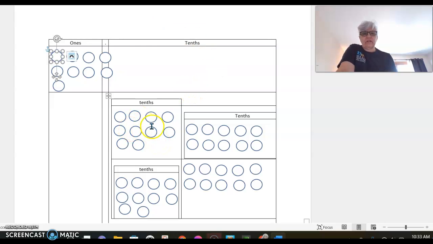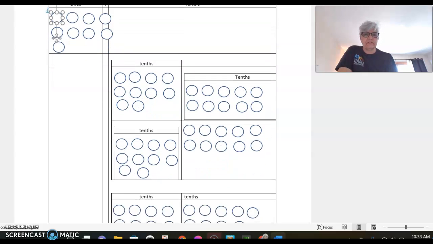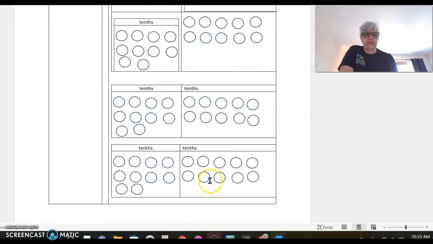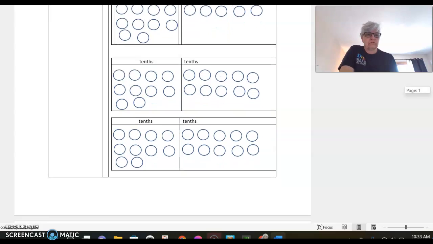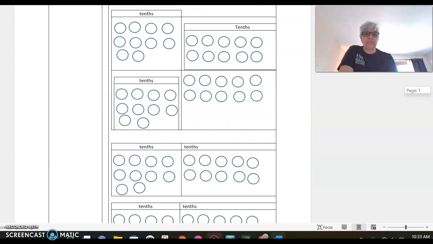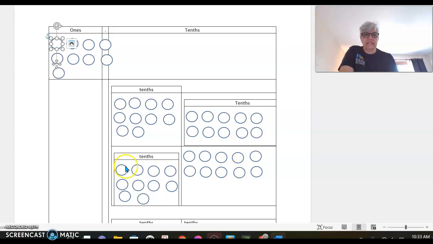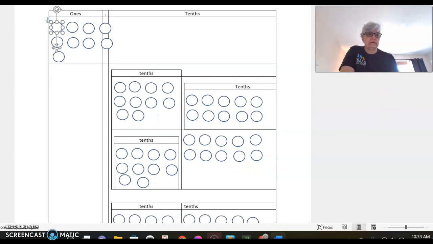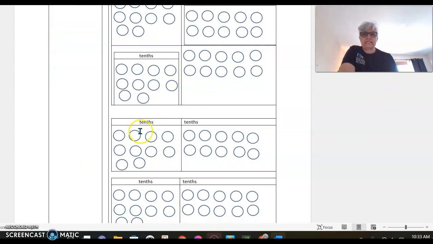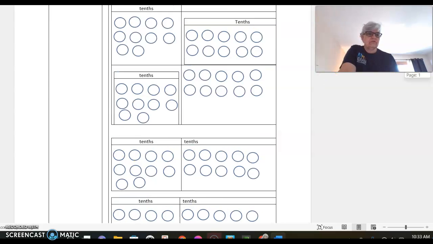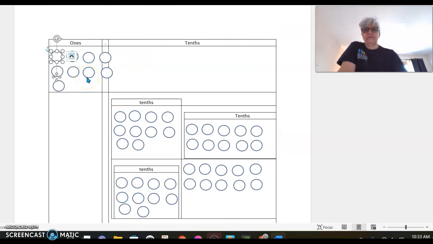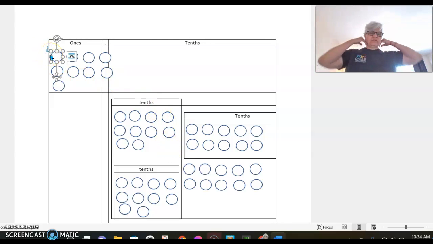So we have 9 of them. There's 1, 2, 3, 4 groups so far. I've got to scroll down so you can see that there's 4 more, and on the next one is 1 more. So that's 9 total, and there's 10 in each group, because it takes 10 tenths to make 1 one. We learned that just a few days ago, so you should be able to see that, right?